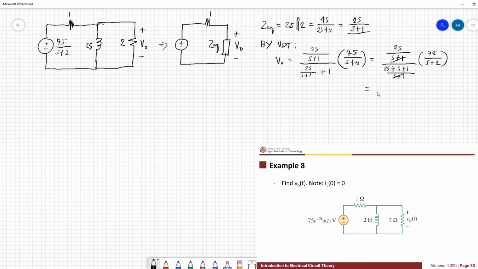So Vo is just 150 S over 3S plus 1 times S plus 2, or this is just equivalent to 50 times S over S plus 1 over 3 times S plus 2.